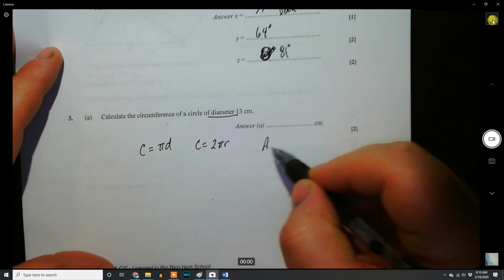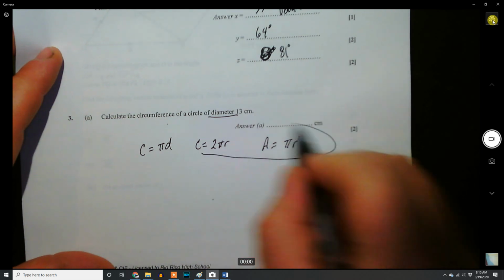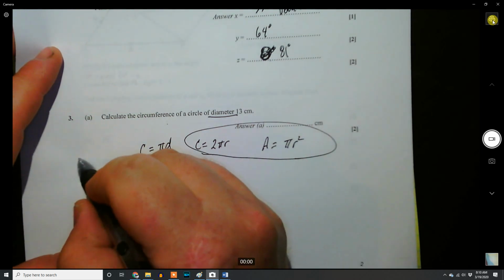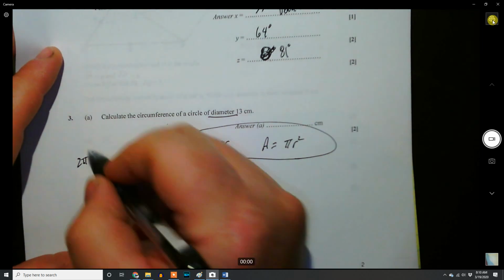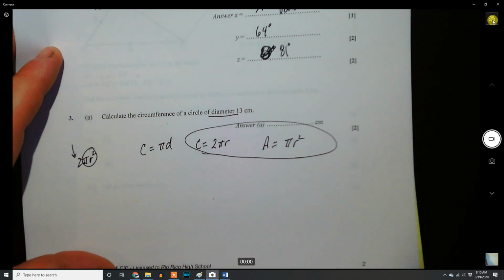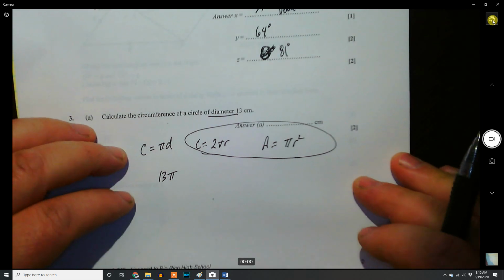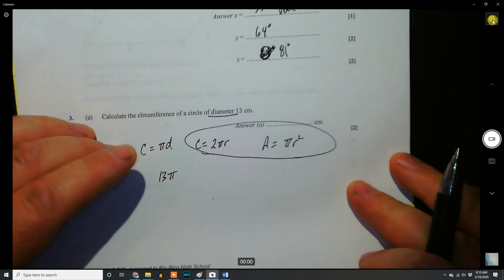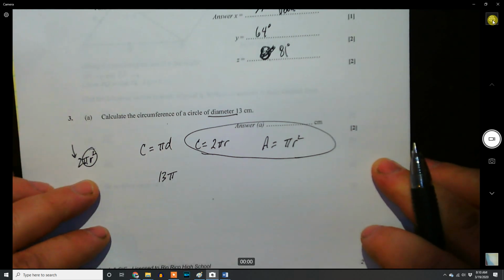The thing you guys are typically doing is you're mixing up these two right here, and so I see a lot of you guys having some nonsensical thing like this, which is the area of 2 circles, because this is 1 circle. That'd make 2 of them. So anyway, there we go. It's just going to be 13 times pi. That's all. I don't even know why that's worth 2 points. Since it's in centimeters, makes no sense why it's worth 2 points, but it is.